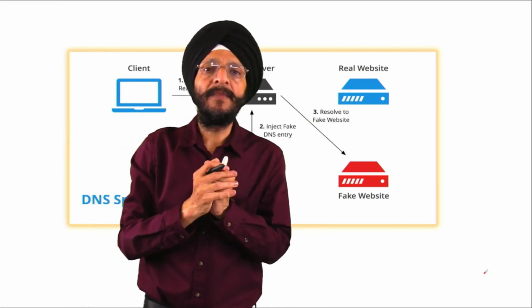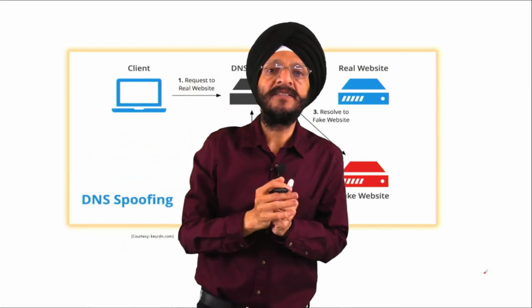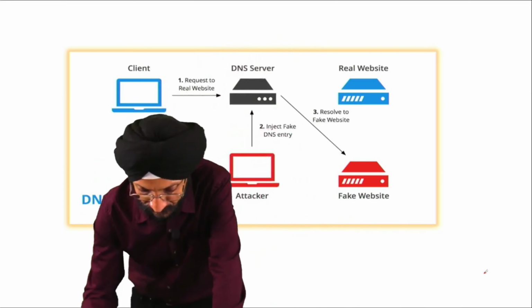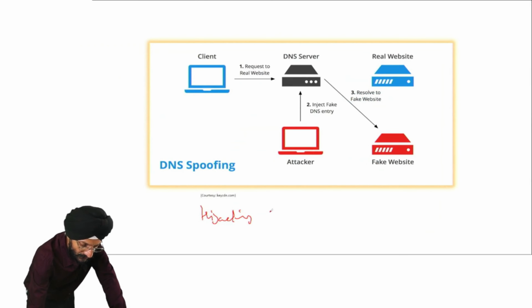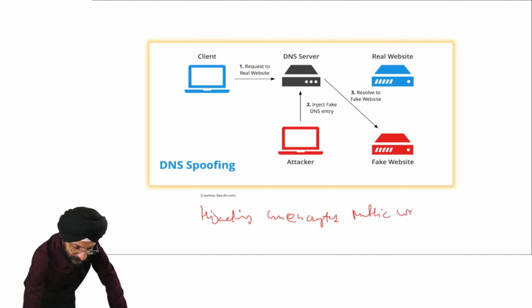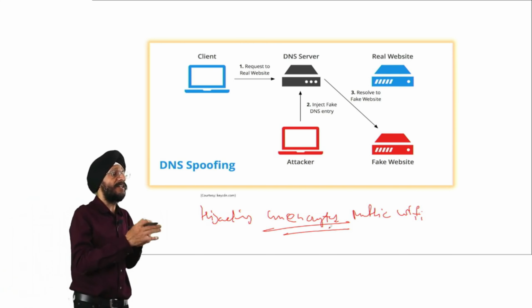This MITM attack can happen in many ways, such as hijacking unencrypted public Wi-Fi. It may happen that the person is using public Wi-Fi which is unencrypted.